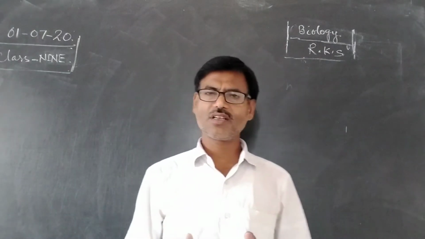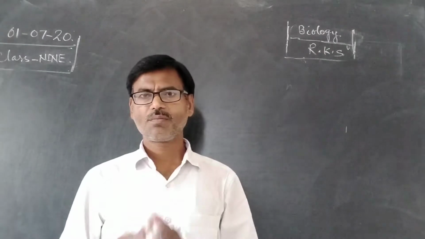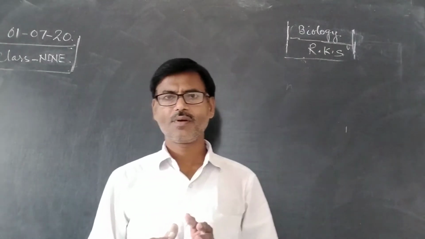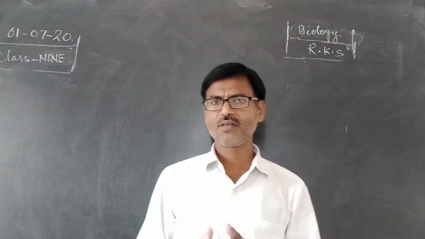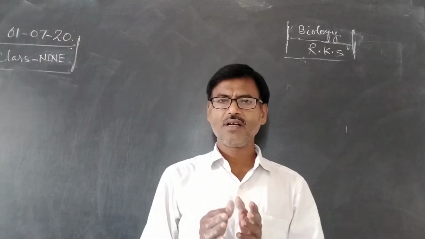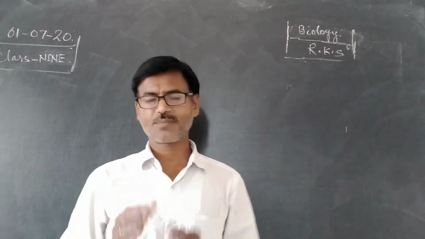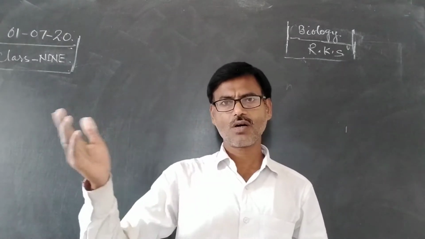It's biology for class 10. In biology, we are reading about plant tissue. Last time, I explained simple permanent tissue and the protective tissue in plants: epidermis and cork or phellem.